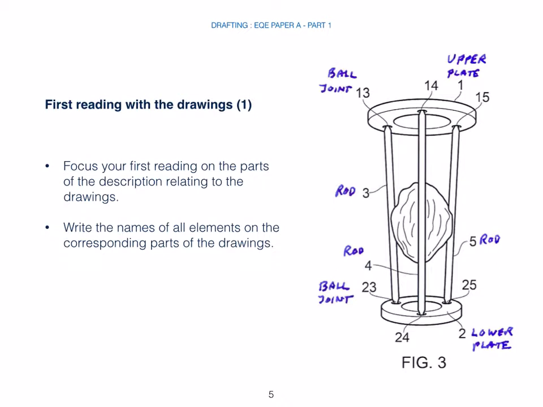You should write down on your copy of the figure the names of the different parts, which are: 1 is the upper plate, 2 is the lower plate, 3, 4, and 5 are rods, 13, 14, and 15 at the upper end are ball joints, just as 23, 24, and 25 at the lower end are ball joints.